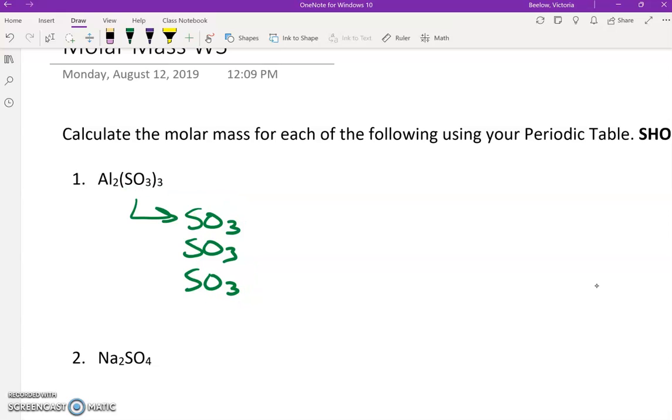You can look at it this way, or you can look at it as if you're distributing this number to everything inside of the parentheses. 3 times 1 sulfur is 3. 3 times 3 oxygens is 9. So in this situation, you would have 3 of the sulfurs, and you would have 9 of the oxygens.